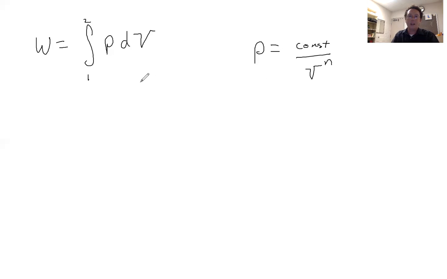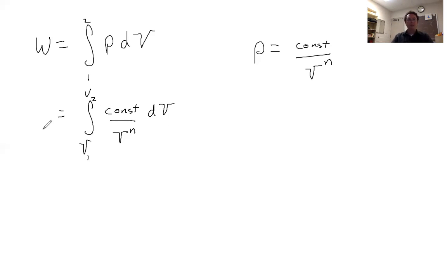I can plug that in here, and this tells me that the work equals the integral of the constant over the volume to the nth power dV, integrated from V1 to V2.